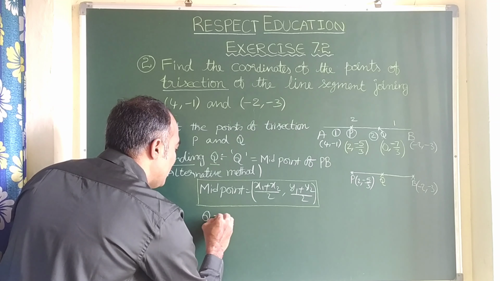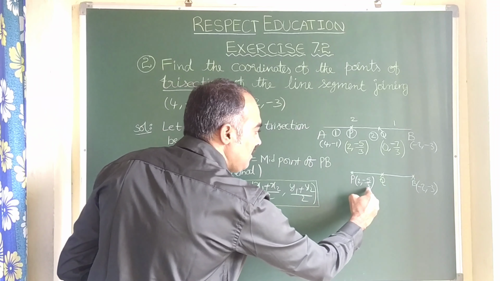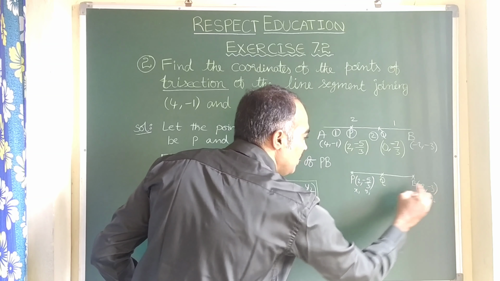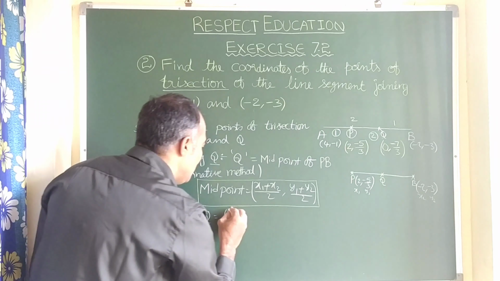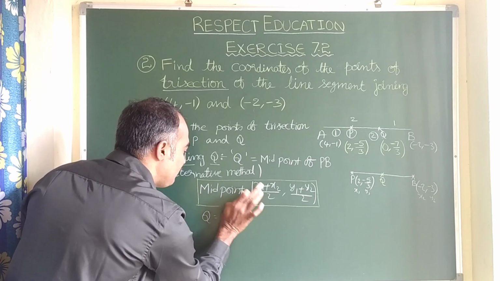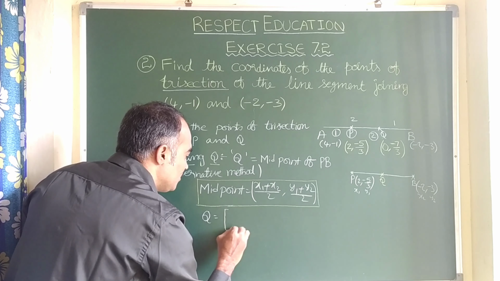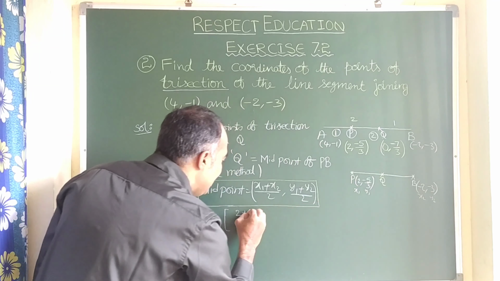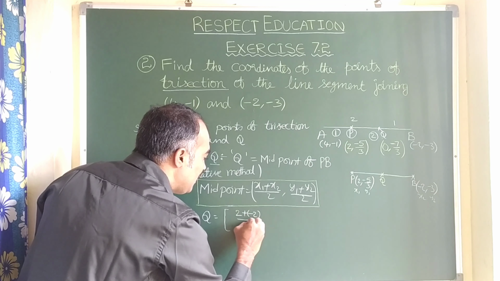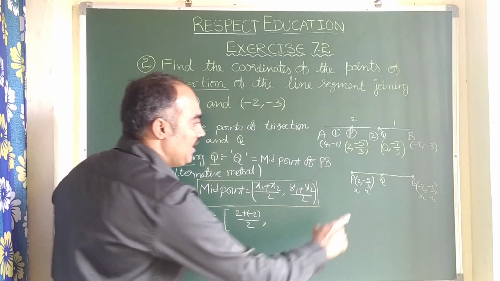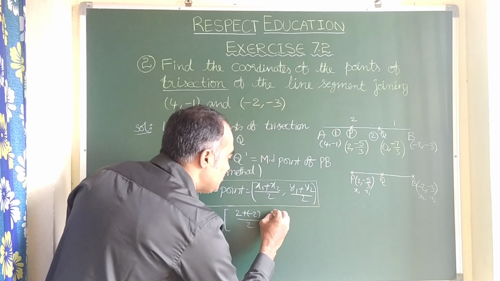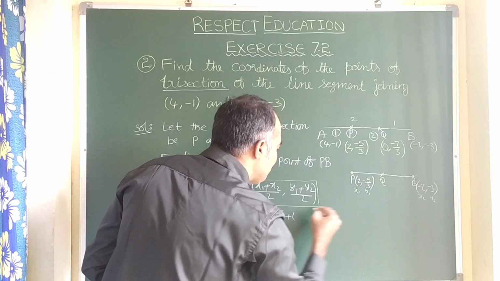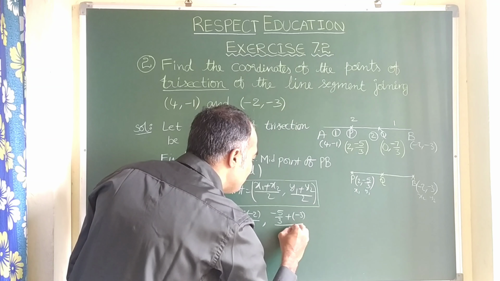So here Q is equal to, see this is x1 y1, this is x2 y2. x1 plus x2 by 2, here I am going to change this bracket. So here x1 is 2 plus x2 is minus 2, 2 plus minus 2 by 2, y1 plus y2 by 2, y1 is minus 5 by 3 plus y2 is minus 3, by 2.